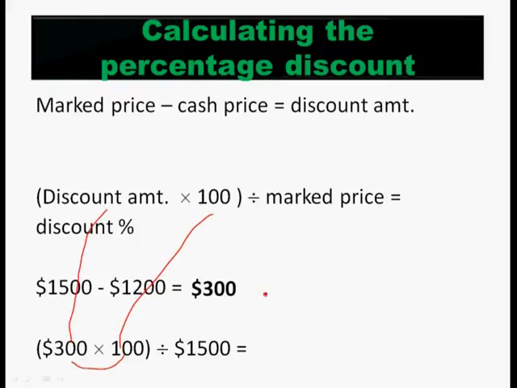Now, we're going to divide it by the marked price, which is $1,500. And the answer is 20%. So you can check this: find 20% of $1,500, see if you get $300, and subtract the 300 from the 1,500, and you're supposed to get back the 1,200. So, did you understand?